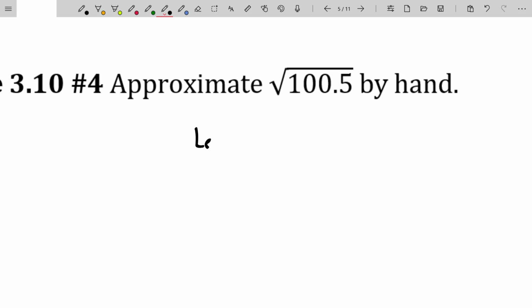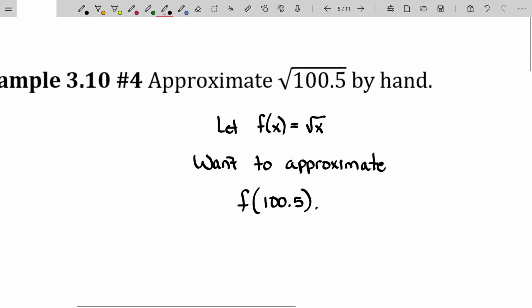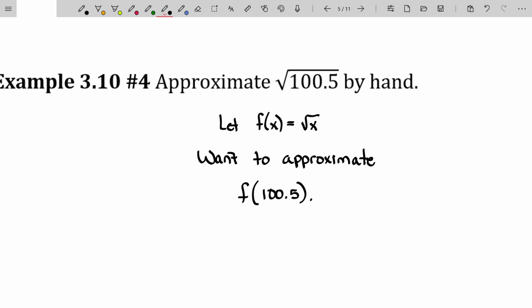So we're going to let f of x equal the square root of x, and we want to approximate f at 100.5. Well, that just means I'm going to find the tangent line of this function near to that point.